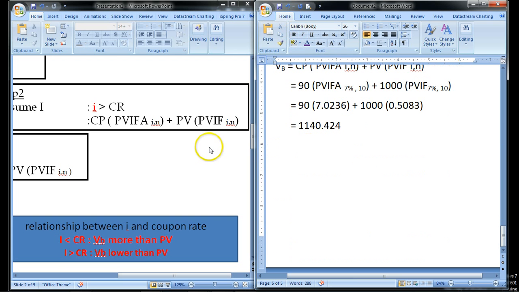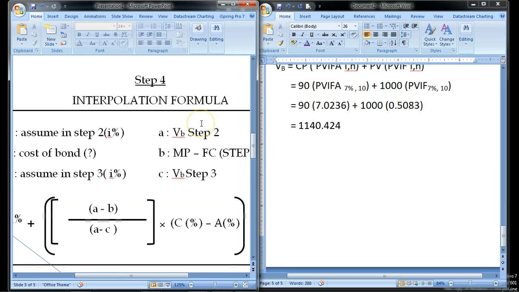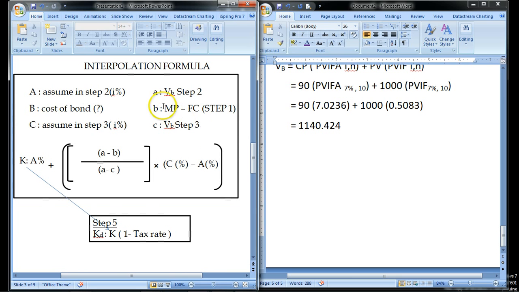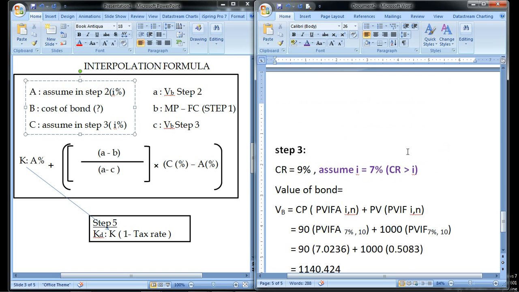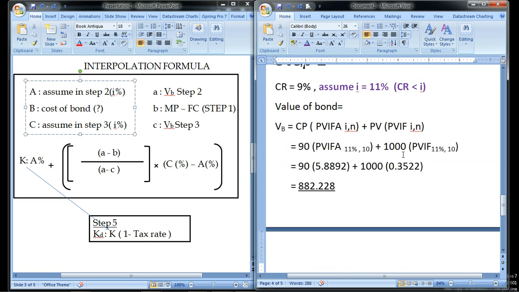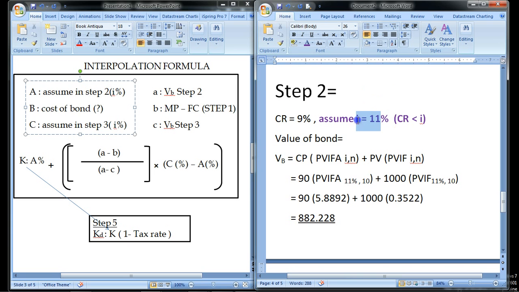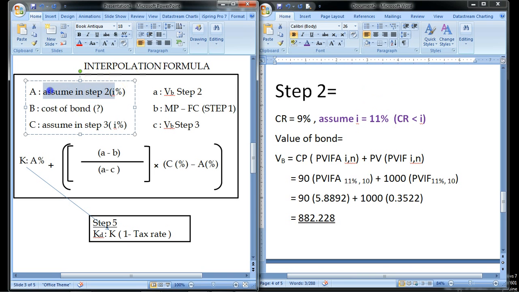Next, go to the next slide. This is the next formula. Using this formula, you use the same formula, just put it inside. What was your assumption just now when you used step 2? You assume I, right? So you put it as 11%. Clear? This is 11%, the cost of bond that you want to find.